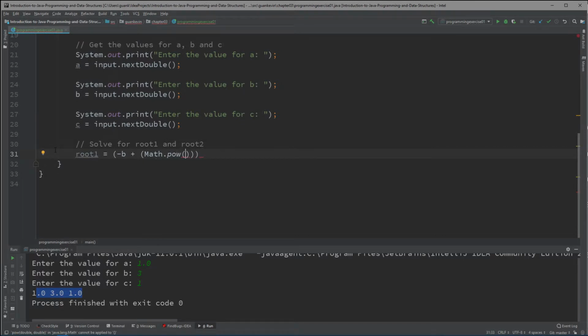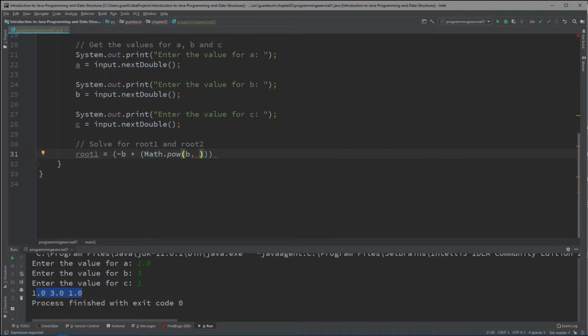Now right here, Math.pow is a function in the Math class that performs the power for you. If you want a square, a cube, or a larger number, you could write it.